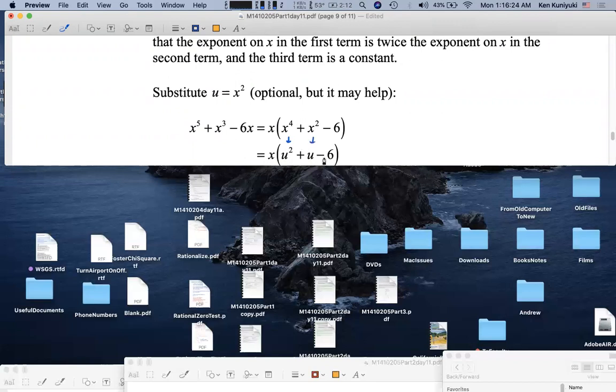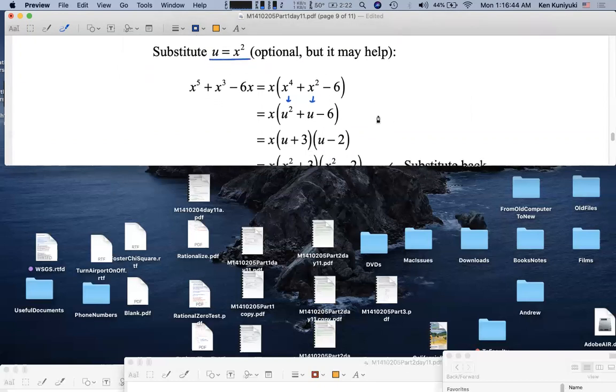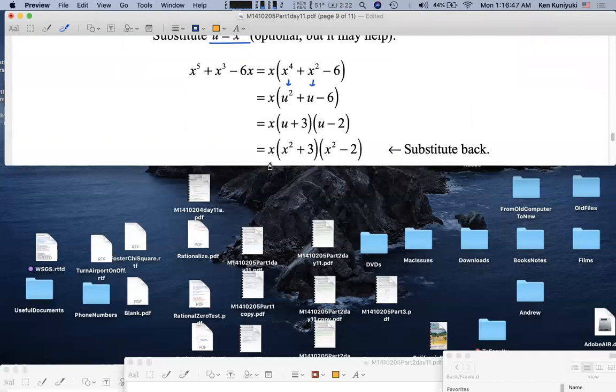And we factor this quadratic in u. So when we do that, we have, don't forget the x, and then the factor u plus 3, and then the factor u minus 2, or vice versa. Don't forget, we have to go back to x. u is x squared. Let's go back. We have x, the factor x squared plus 3, and the factor x squared minus 2.